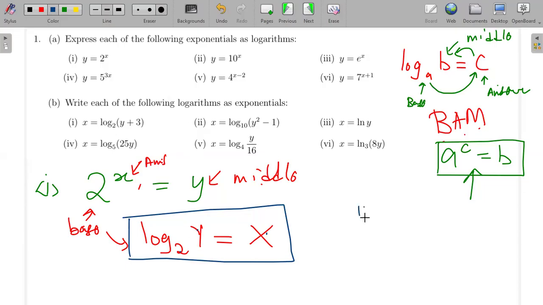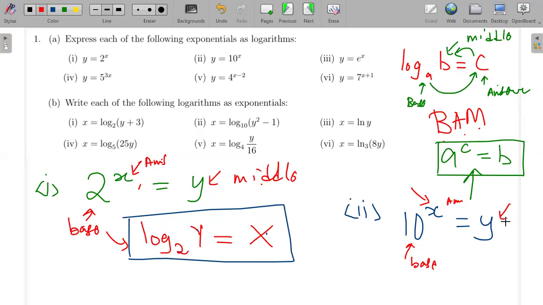Okay, what about the second one? I should write it as 10 to the power x is equal to y. Again, we see that 10 here will be the base, and this x here will be the answer.